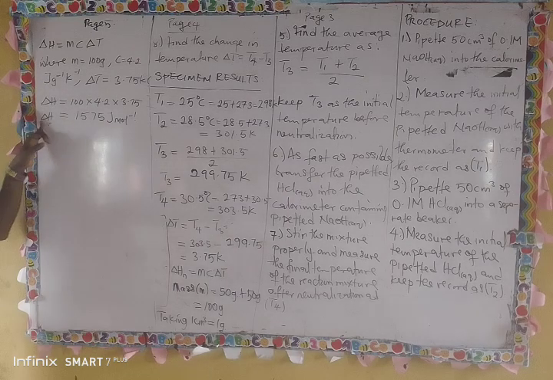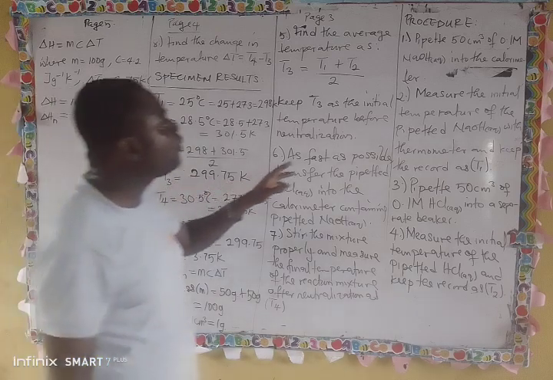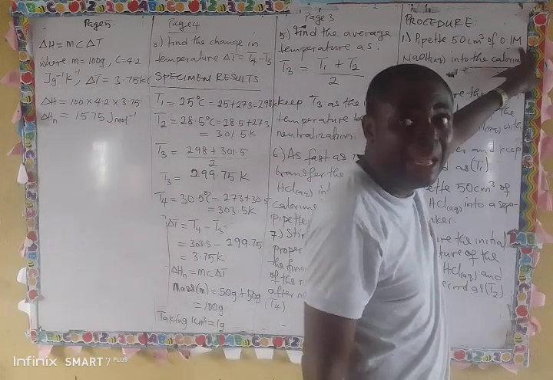But this is heat of neutralization, not standard heat of neutralization. Because for it to be a standard heat of neutralization, those 4 conditions must be satisfied. One of the conditions is that the concentration must be 1 mole. But what we use here is 0.1 mole per dm cube.